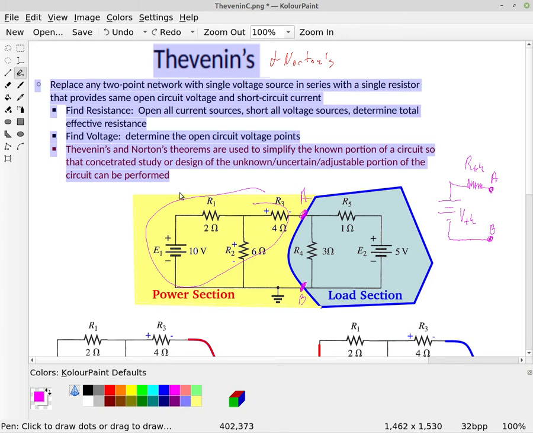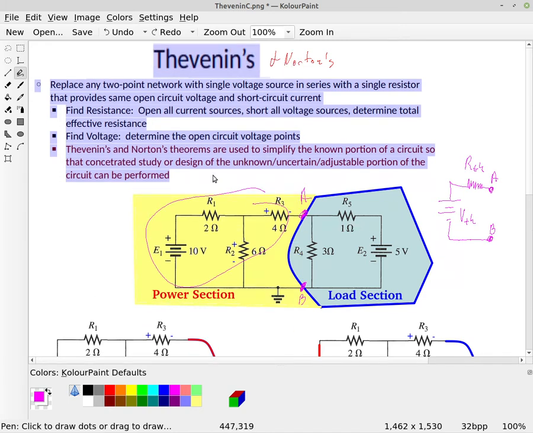Alright, so to do that, we basically just have two things to do. First, we have to find the Thevenin resistance, and then the voltage. And I said first, but it really doesn't matter which order you find them.